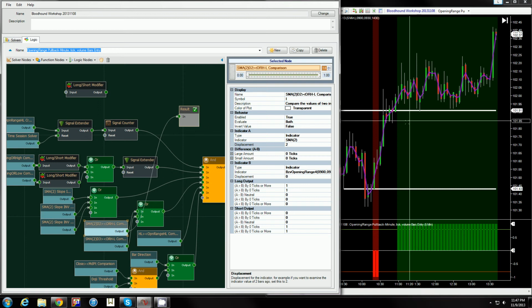So this is just saying that the SMA 2 period has actually broken up and out of the opening range high, and now it's pulling back, and it hasn't pulled back so deep inside the range that 2 bars ago isn't inside. It's still up above the opening range high, so it has to stay above the opening range high for a long, stay below the opening range low for a short, the SMA 2 period.